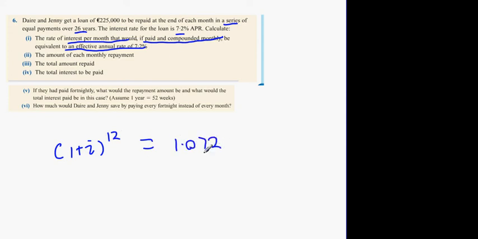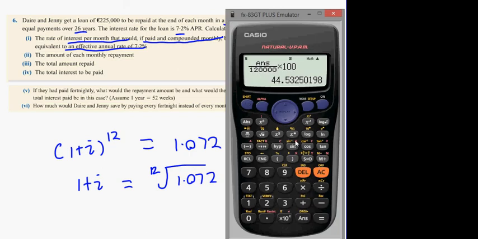1.072. Then this 1 plus I amount will have to be equal to the 12th root of 1.072. Shift, then we do the 12th root, 1.072. What we get here is 1.0058.